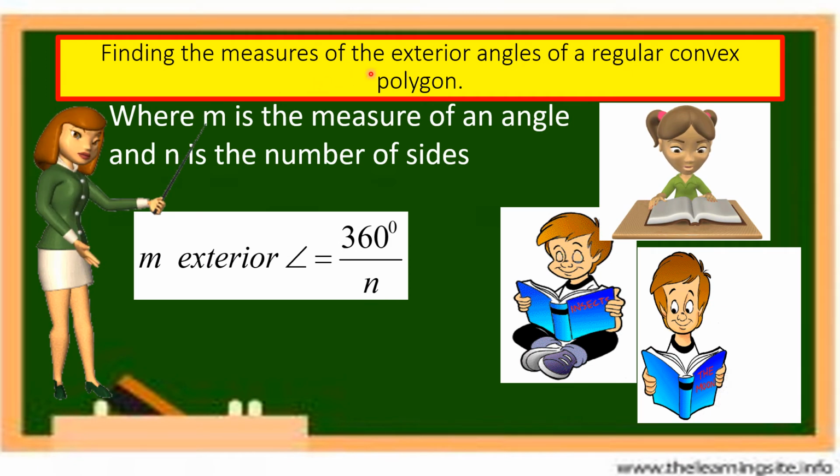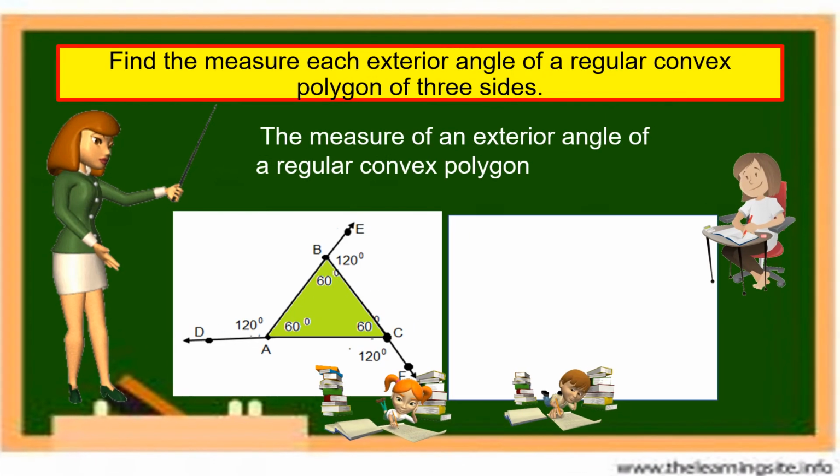Finding the measures of the exterior angles of a regular convex polygon, where M is the measure of an angle and N is the number of sides. The measure of an exterior angle equals 360 degrees divided by N. Find the measure of the exterior angle of a regular convex polygon of 3 sides.